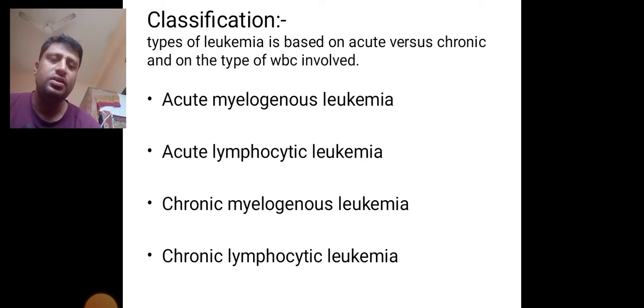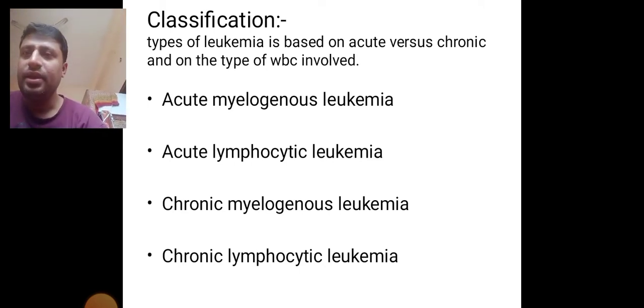If we see the clinical manifestation of acute myelogenous leukemia: fatigue and weakness, headache, mouth sores, anemia, bleeding, fever, infection, sternal tenderness, gingival hyperplasia, minimal hepatosplenomegaly, and lymphadenopathy.